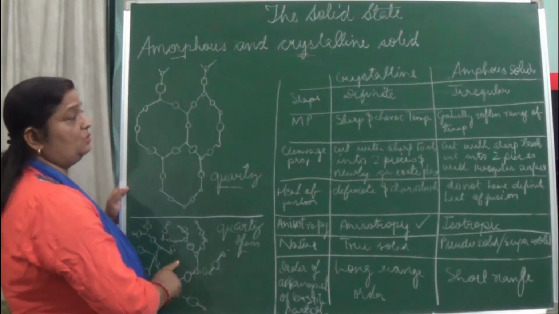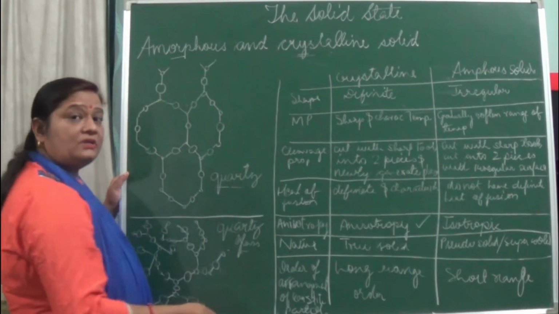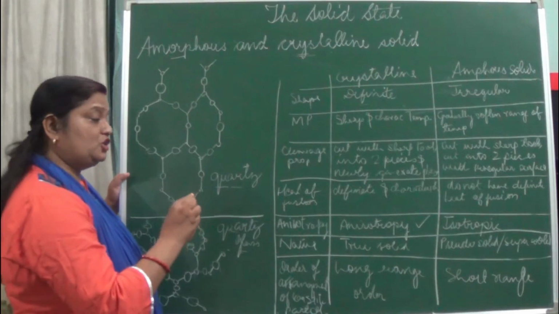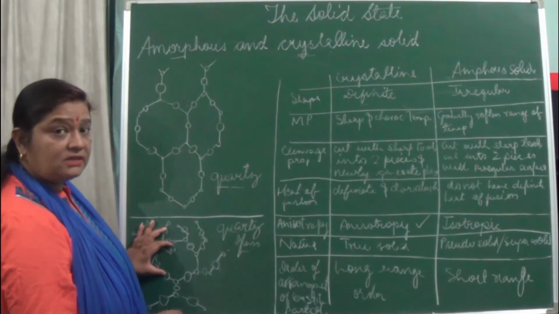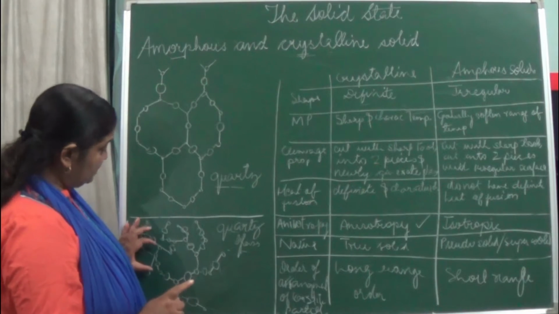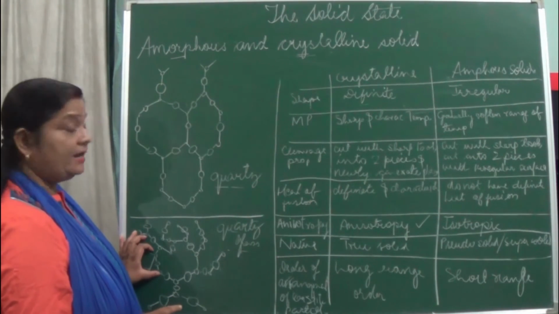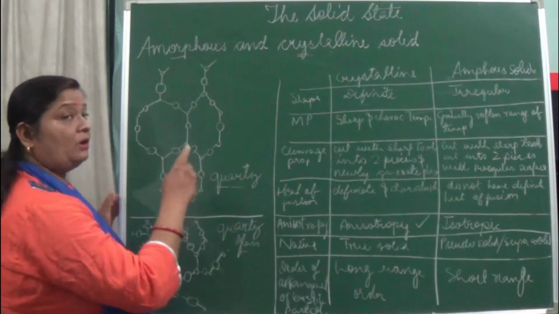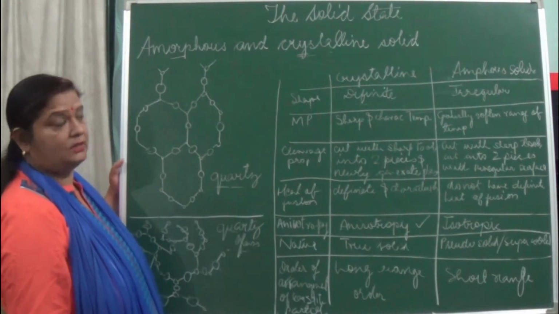But what happens to amorphous solids? We say it is irregular because only in the short range does it have a definite shape, but in the long range it does not. And this property, that the short range arrangements are regular or definite in nature, is why it is included in solids.